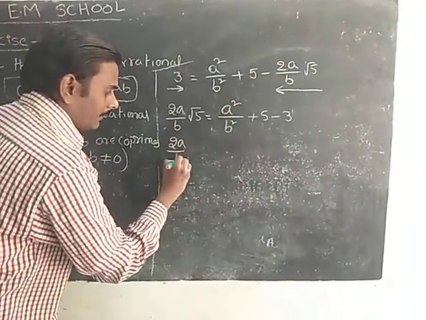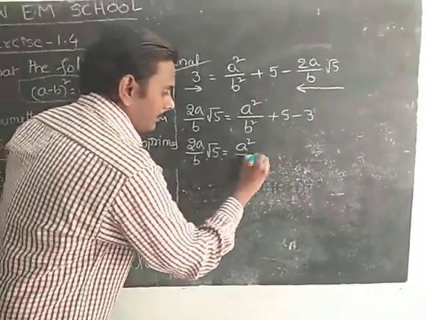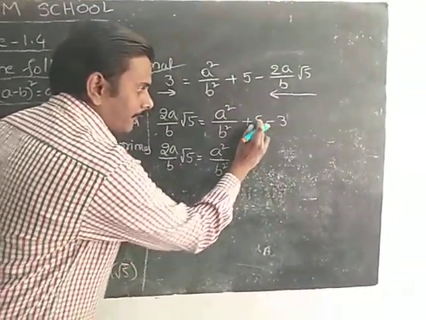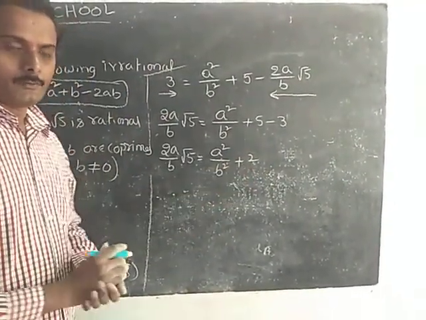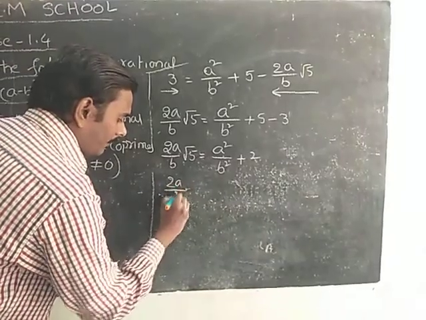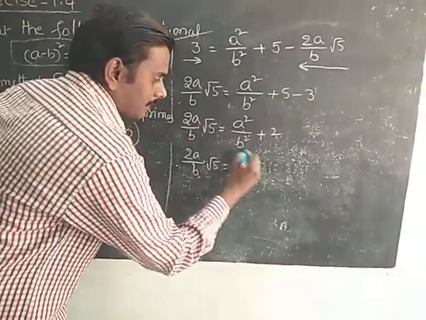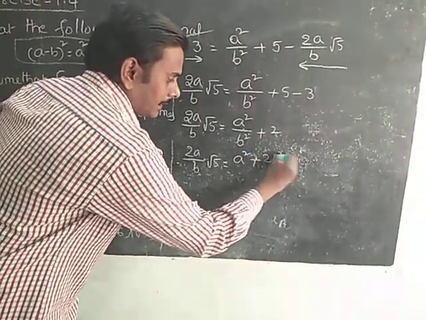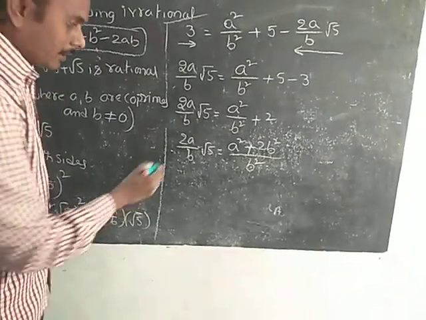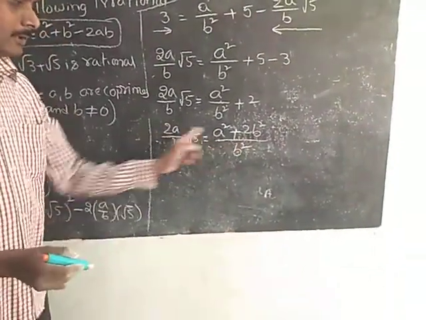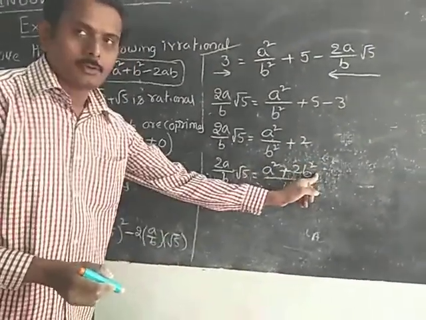2a by b root 5 equal to a square by b square plus 5 minus 3, which means plus 2 only. Now take LCM and add: 2a by b root 5 equal to a square plus 2b square, with denominator b square. Now cross multiply: 2a multiplies with b square, and b multiplies with the numerator.